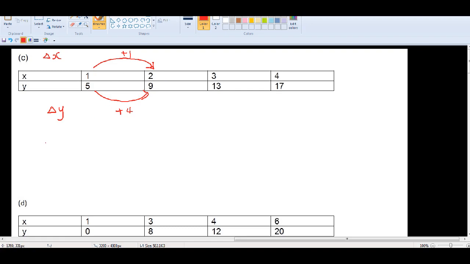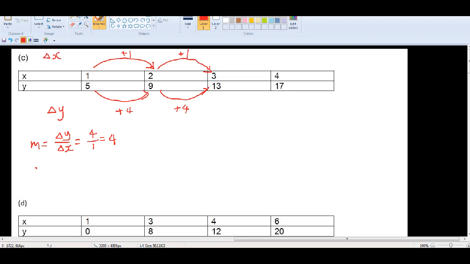So m, delta y over delta x, equals 4 over 1. To confirm that, you might see if that pattern continues. Yes, so that means it's a linear pattern without any doubt. And also when you use delta y over delta x, it always gives you 4.